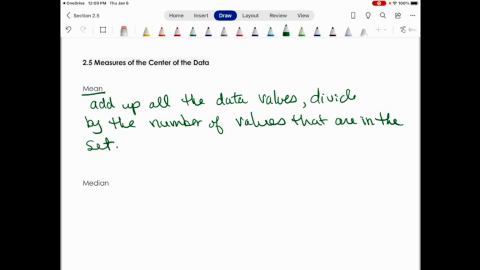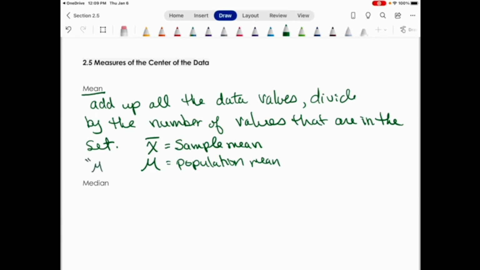The notation for this will either look like this if it's a sample mean, or it will look like this, which is kind of like a cursive M, and that would be for the population mean. The way that you pronounce that M is mu.